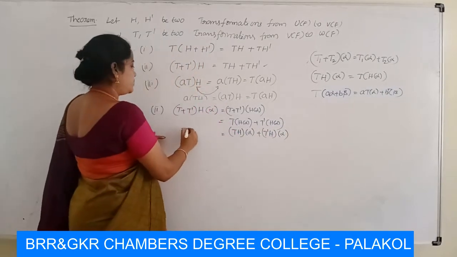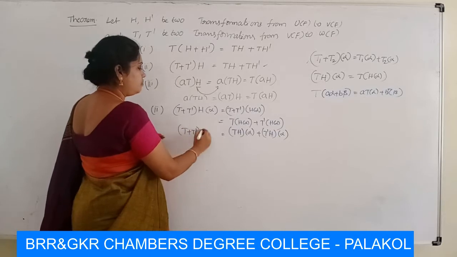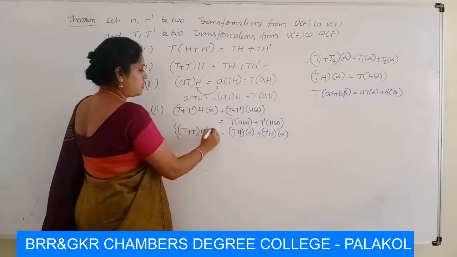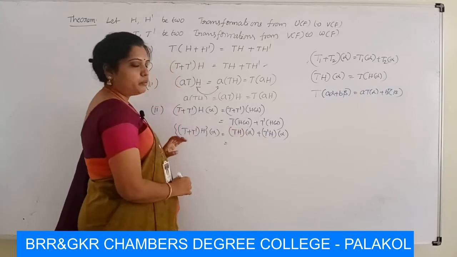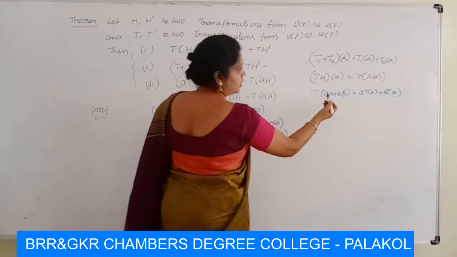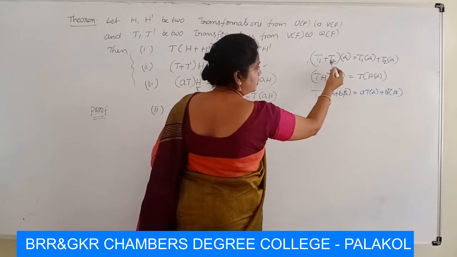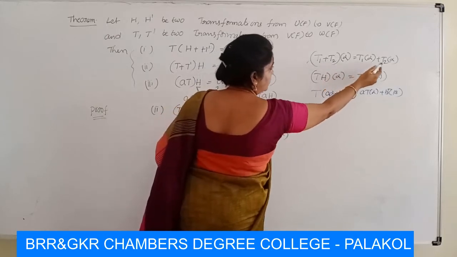So the left side is (T plus T dash) of H of alpha. Here alpha is an offering element, so the sum of the transformations (T1 plus T2) of alpha is T1 alpha plus T2 alpha.